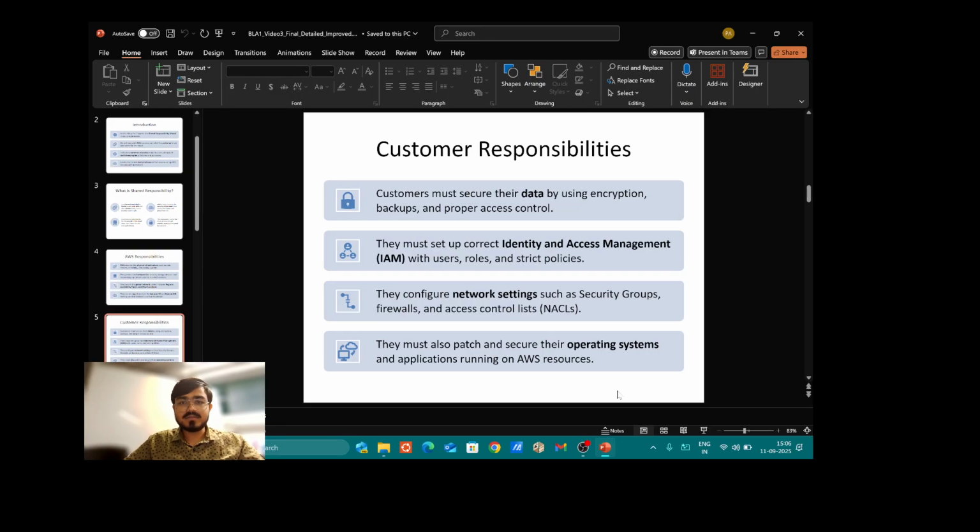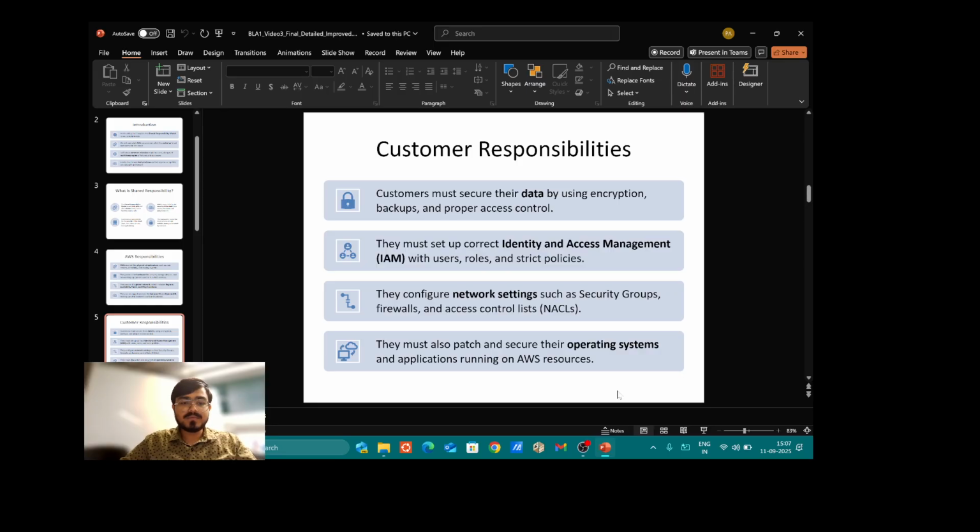Let's see the consumer responsibility. What must the consumers take care of? Consumers are responsible for protecting the data using encryption, backups, and proper permissions. They must set up identity and access management (IAM) correctly, with users, roles, and least privilege policies.